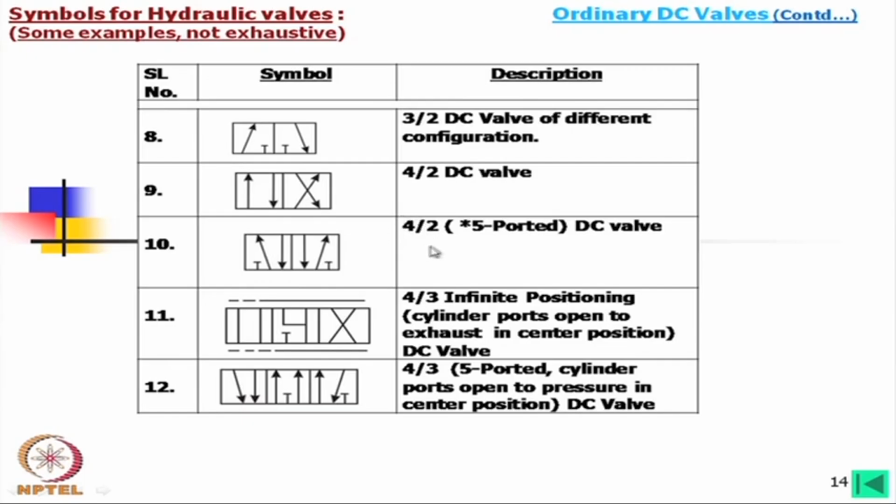So, sometimes it is called a 4/2 5 ported valve. Now, in that case the pressure line is blocked, in this case the drain is blocked, and the other cross connections are there for some applications.